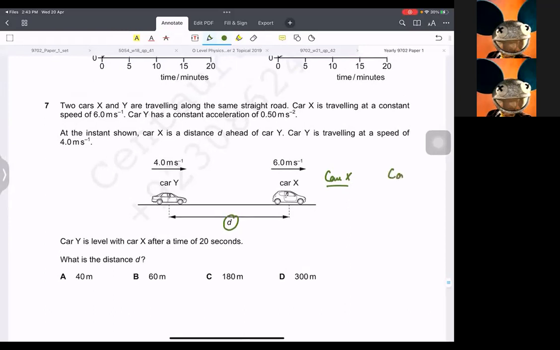Car Y. So SUVAT. So car Y basically needs to cover this distance d. So let's call this d. The initial speed was 4. Final, we don't have. Acceleration is constant. Yeah, that is also given. 0.50. And time is not given, right? Car X is constant. SVT.